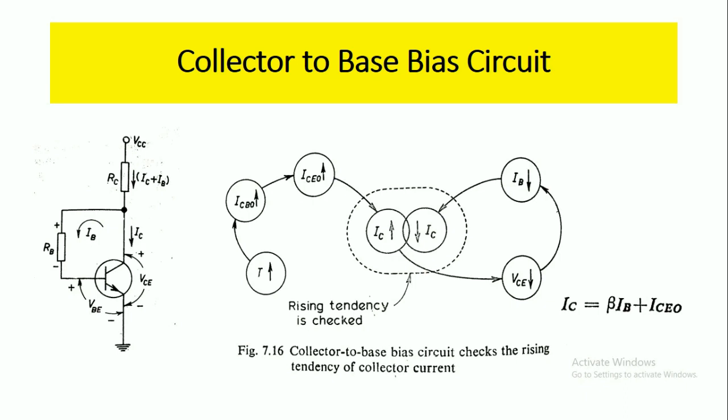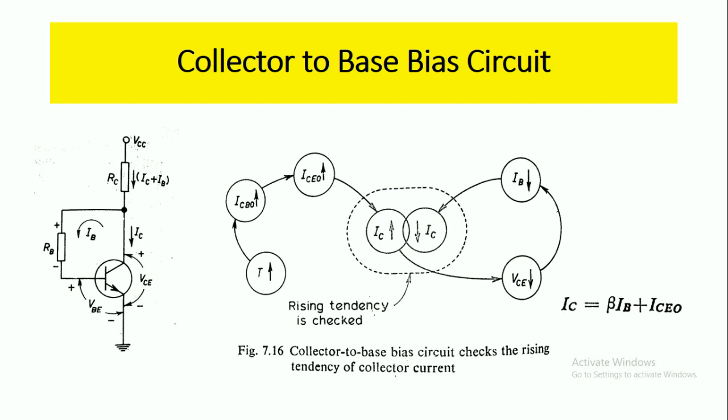So this reduces the voltage gain of the amplifier, which is not desirable. That is why this collector to base bias circuit is not used in biasing of a transistor. This is the main drawback of the collector to base circuit.